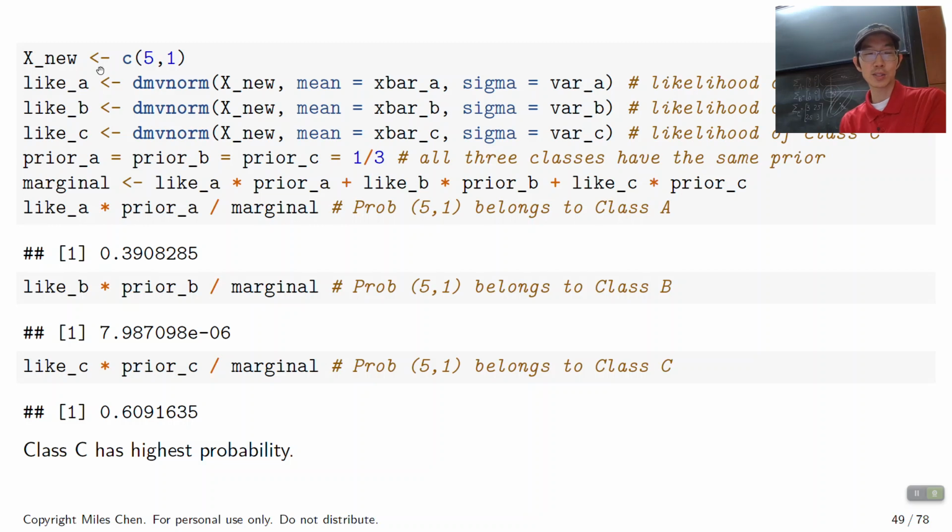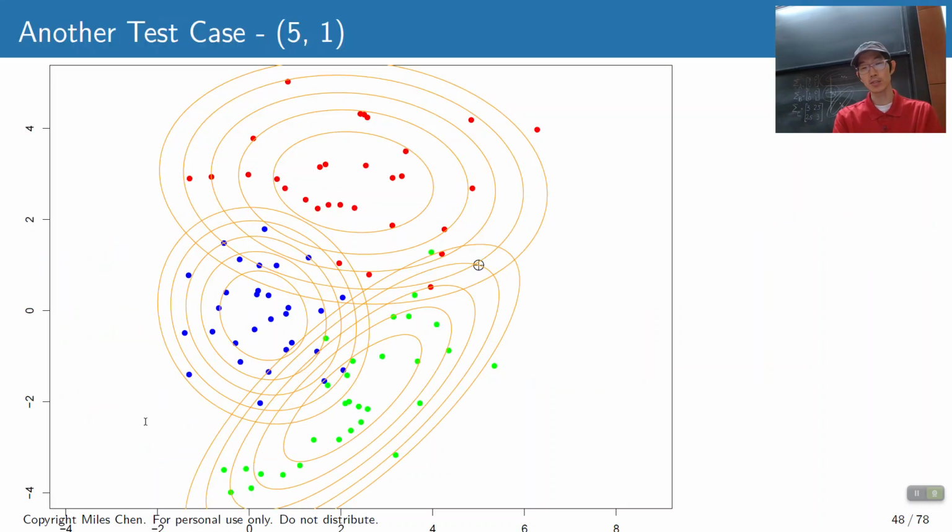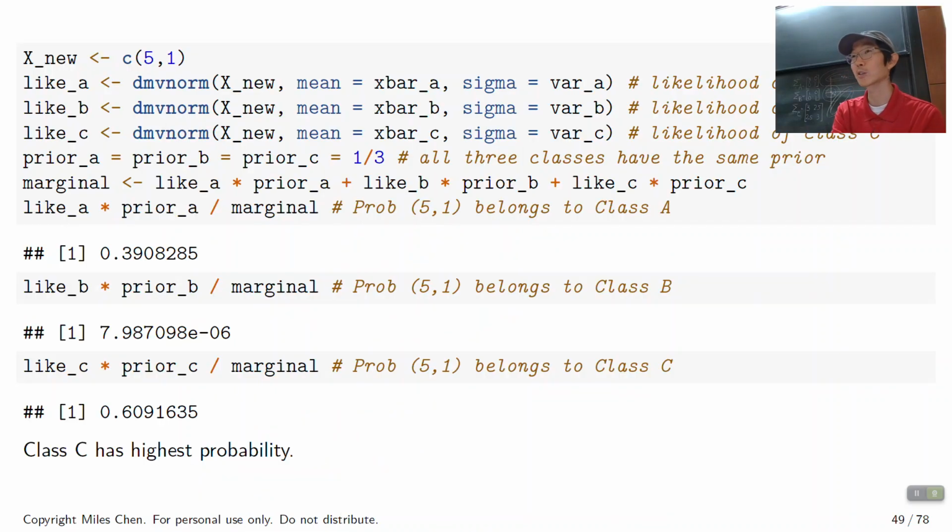We do the likelihood for each of these using the multivariate density, and we get around 39% for class A, basically 0 for class B, 10 to the minus 6, and 61% for class C. So it's just a little bit more likely to be green than red, according to our calculations here.